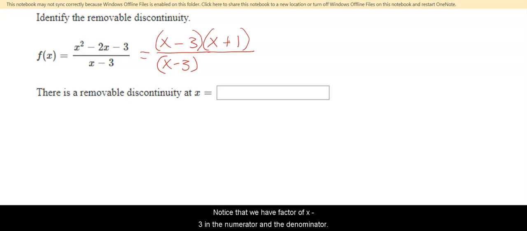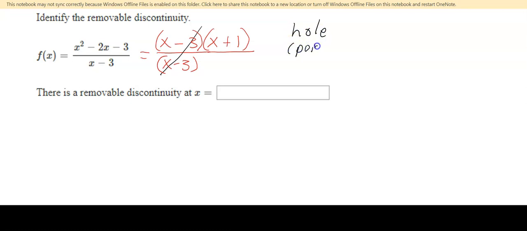Notice that we have a factor of x - 3 in the numerator and the denominator. That means that that factor will cancel. Because it cancels, that means that it must be a hole in the graph at x = 3. So we will have a hole, which is similar to a point, in the graph when the x-coordinate is 3.